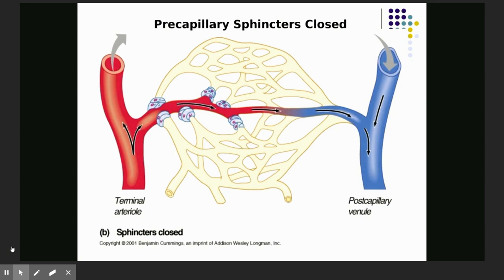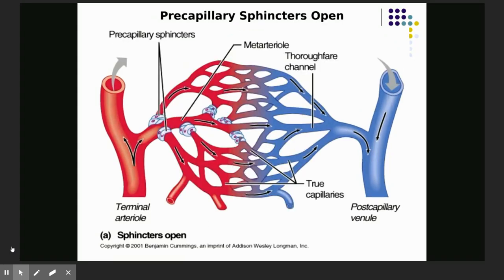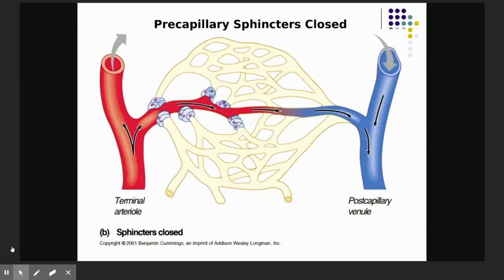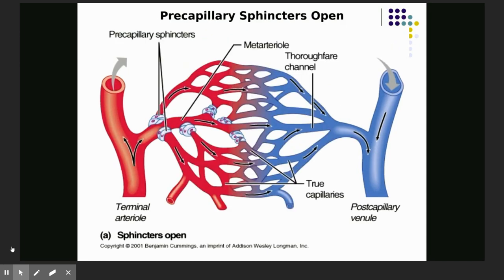Now these are not leaking, obviously, because there's nothing in them. And remember, what regulates blood flow through the capillaries are these little precapillary sphincters. These precapillary sphincters are closed, and so no blood can get in there. But these are wide open, and so blood can flow through easily.